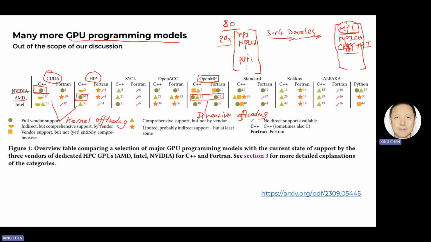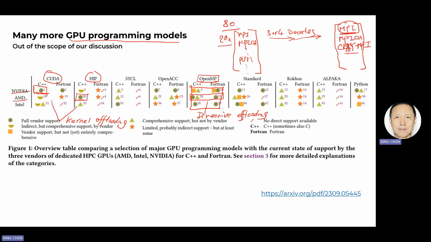I cannot remember the name of the organization for this OpenMP standard. The standard from this organization is OpenMP. So it's supposed that this directive offloading should be okay with the three vendors, because it is from OpenMP, the organization, and it should be supported by the three vendors.